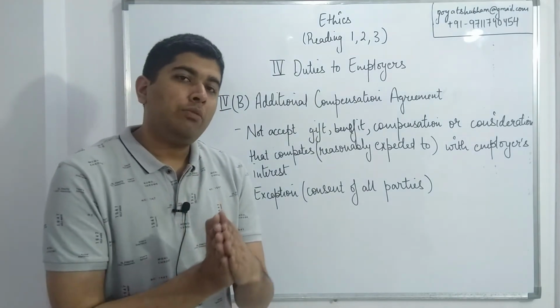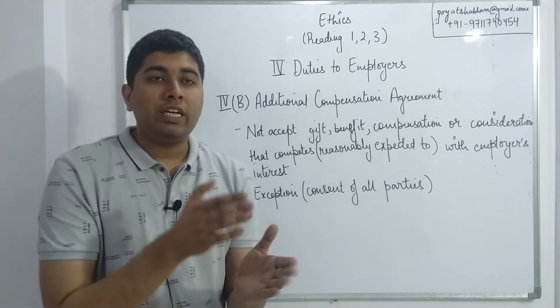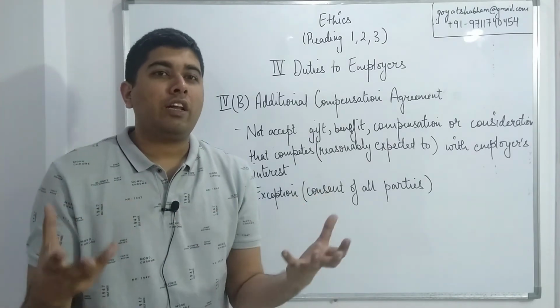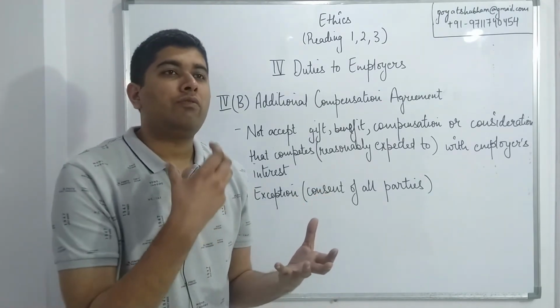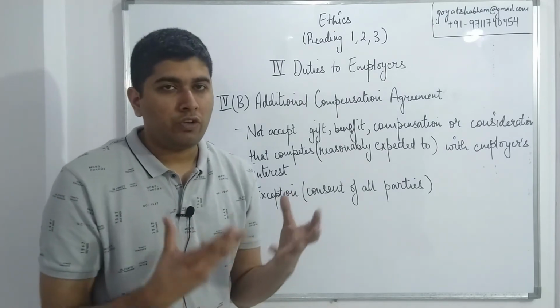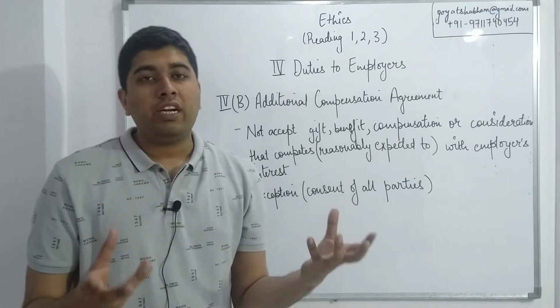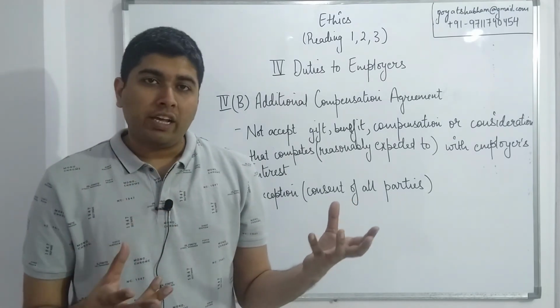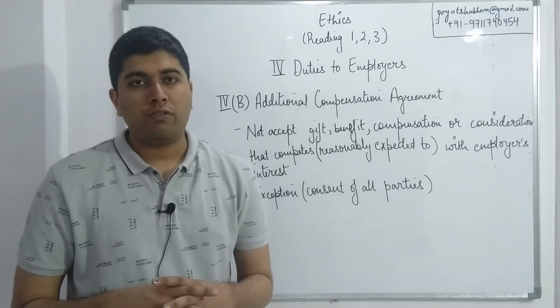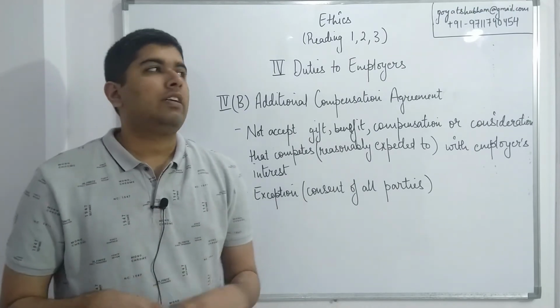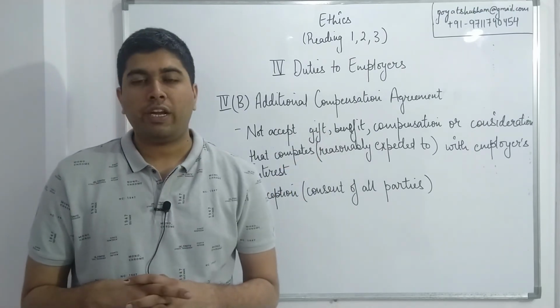And if you end up receiving payment from outside, that ends up creating a scenario where you are no longer able to give the full benefit of your skills to your employer. That outside payment would then end up interfering, or rather conflicting, with the salary that you are drawing from the employer. That is the case of additional compensation agreement.